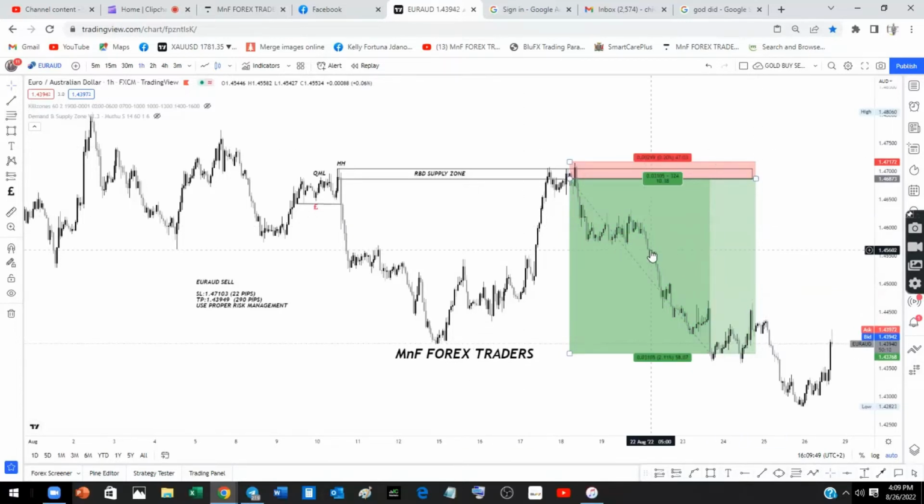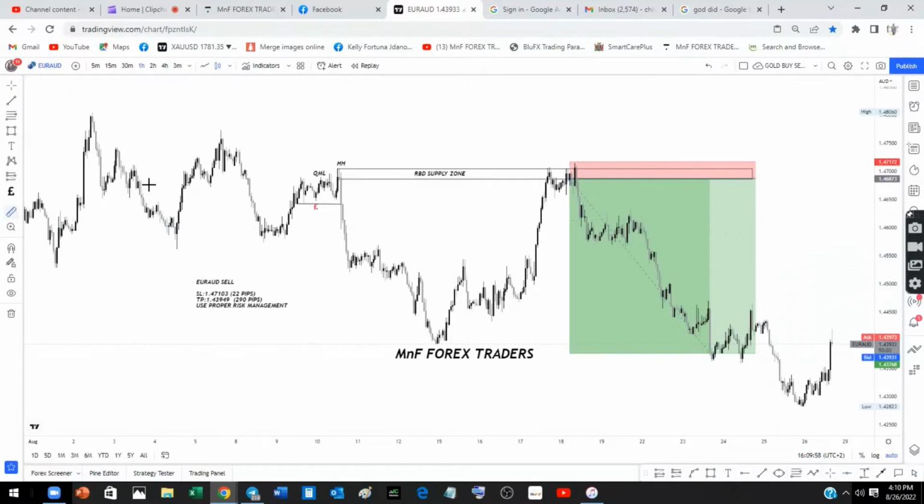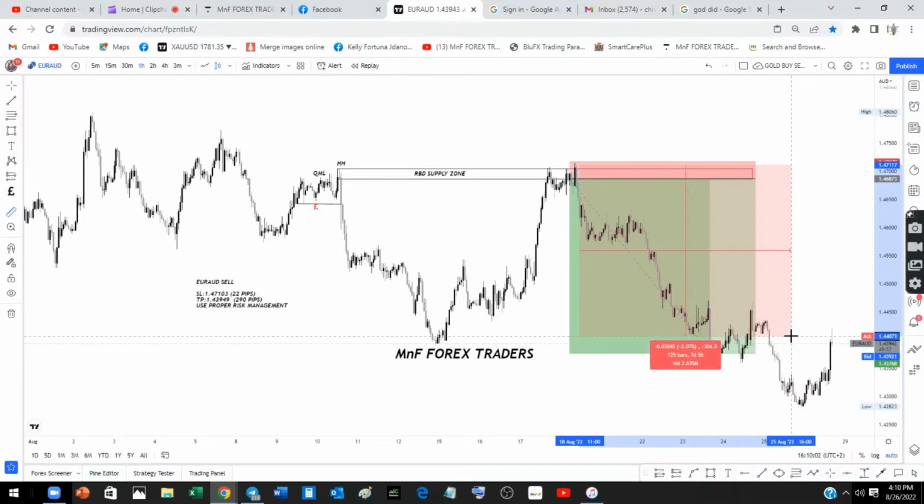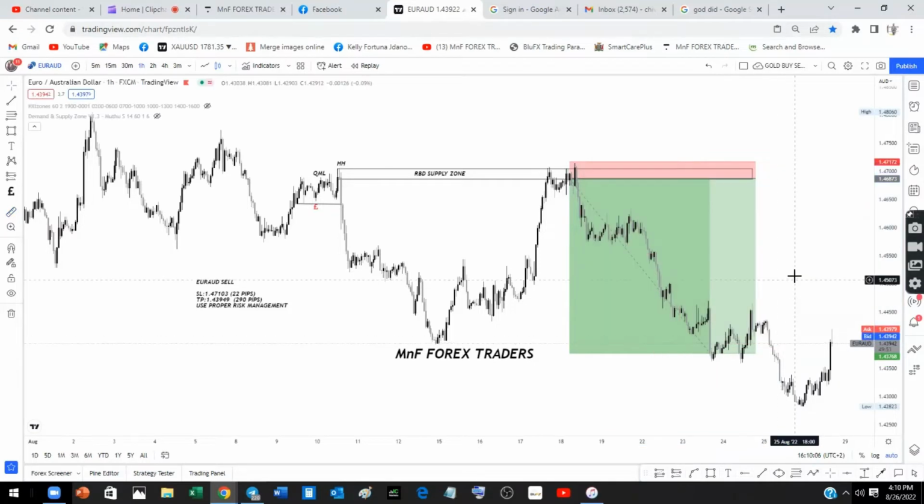This trade was a 1 to 10 risk to reward ratio, right? 1 to 10 risk to reward ratio. A beautiful trade, which took about how many days? About 6 days.